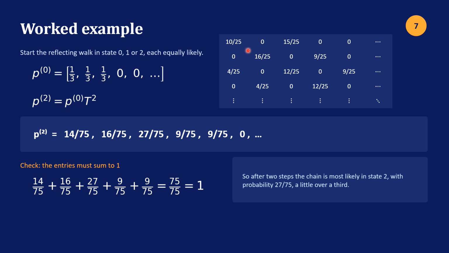And you can see why that is the case, because you just don't have enough time to move from one of these 3 starting states further out than state 4, because at best, you're moving one state to the right at each step, and there's still a probability of going back to the left.